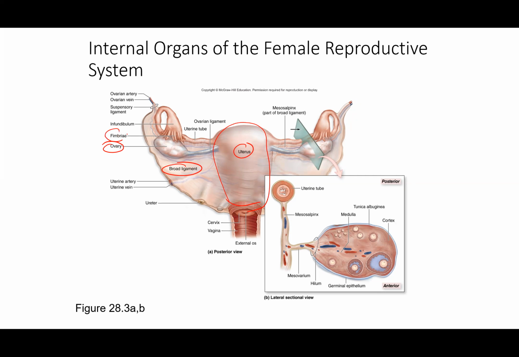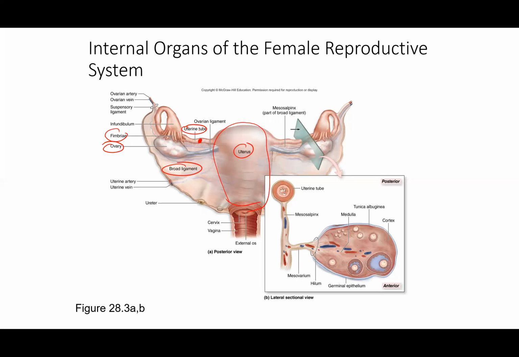The fimbriae. The uterine tube, also known as the fallopian tube. That's also where an ectopic pregnancy happens.